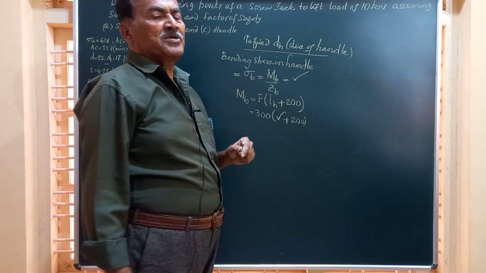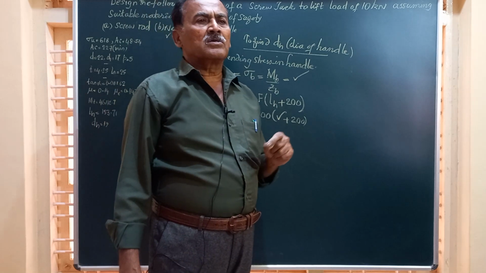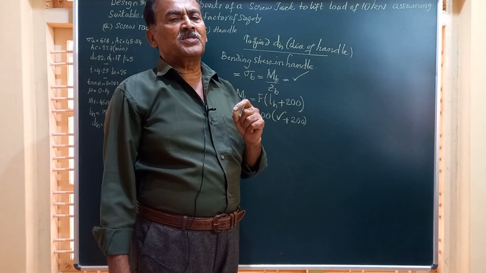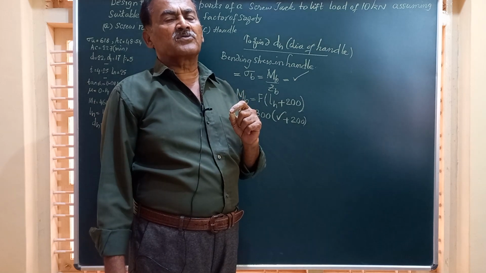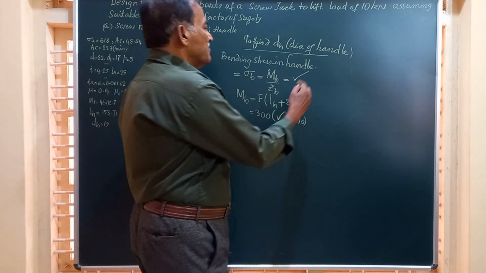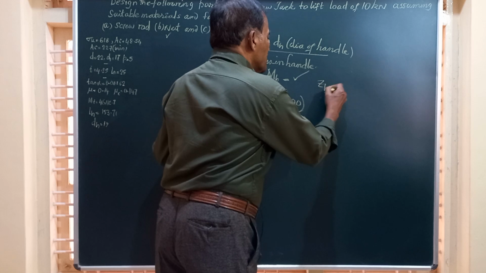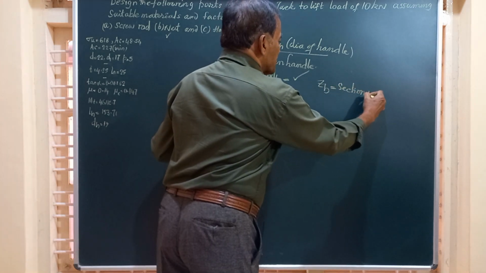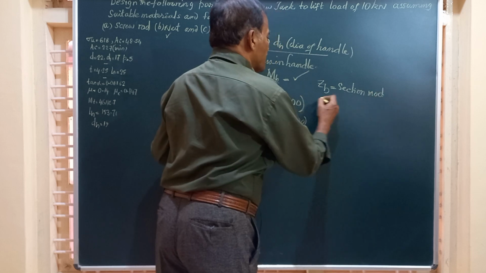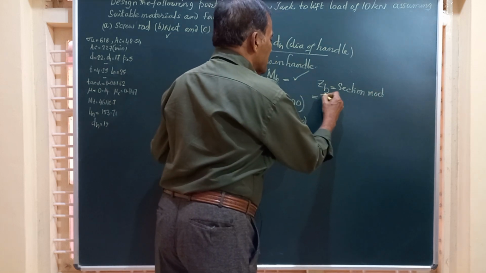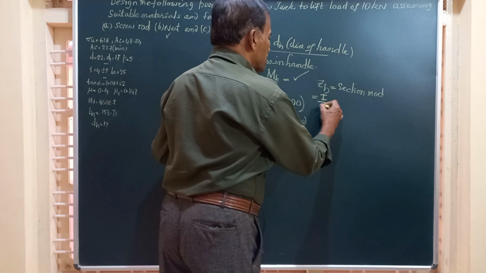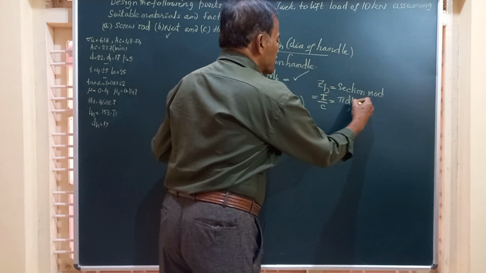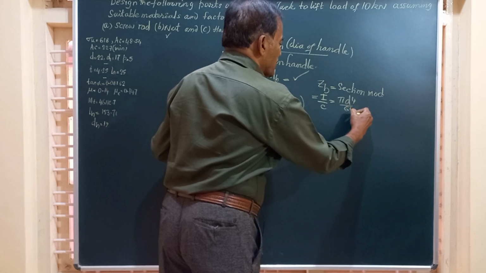Then what is Zb? Friends, while designing any of the component, one should be thorough with the fundamentals of strength of material. Here friends, this Zb is equal to section modulus. Section modulus is given by the formula I by C. I for a circular cross section is pi d to the power of 4 by 64.